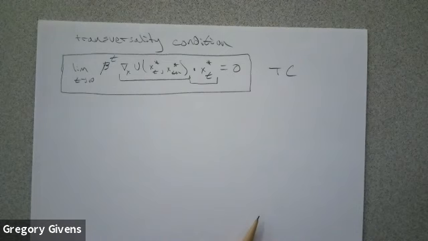In other words, what the Euler equations tell us is basically what the optimal slope of the consumption trajectory is over time, okay? The transversality condition is something different. It tells us basically what the trajectory of that overall consumption profile should be.